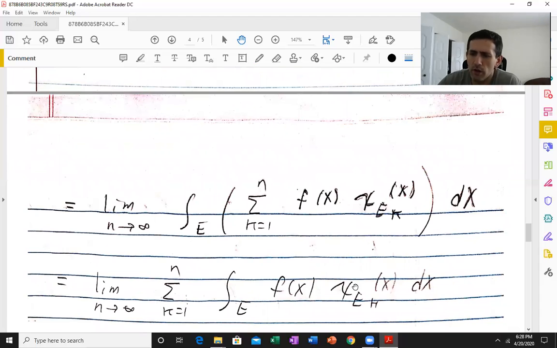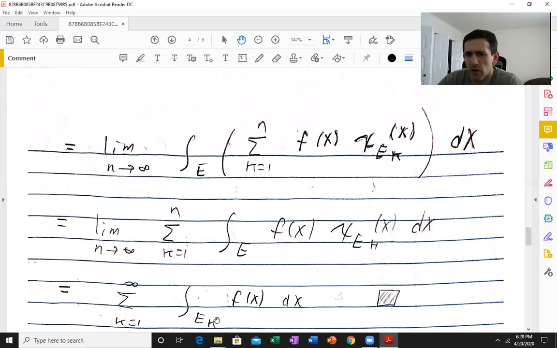And we know, at least from homework, that when you integrate f of x times a characteristic function, it's the same thing as integrating over Ek. And we know by definition that the limit as n goes to infinity of the sum k equals 1 to n is by definition this infinite sum.